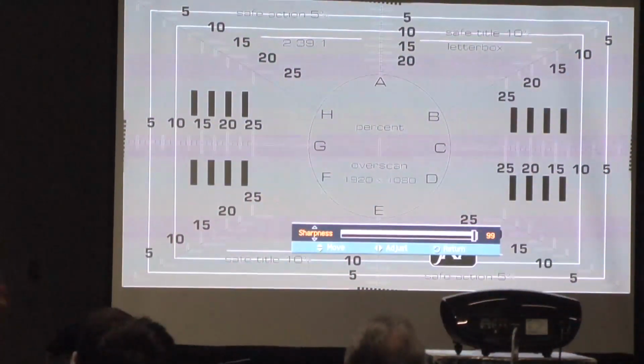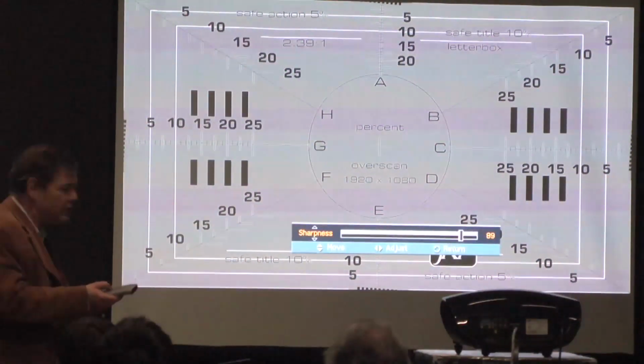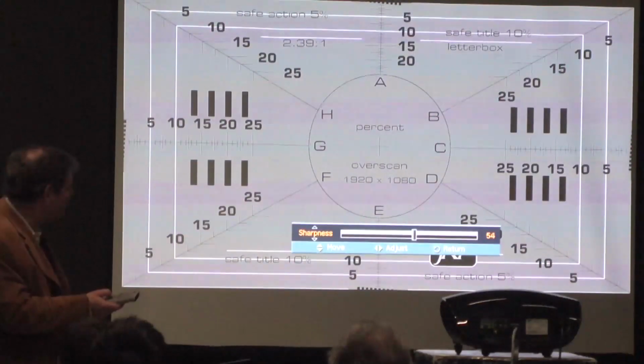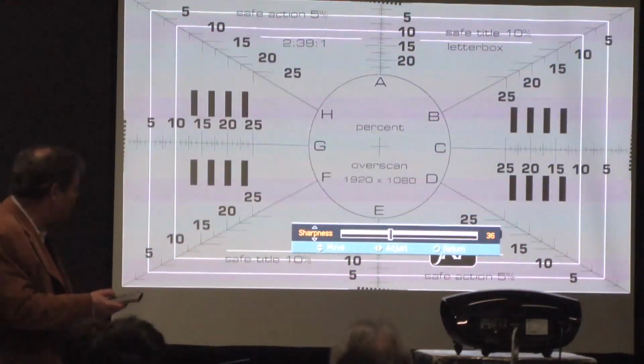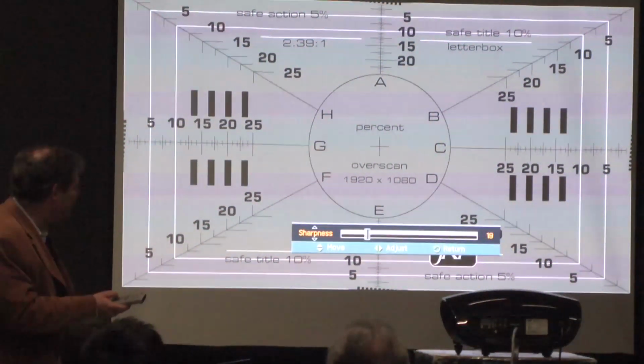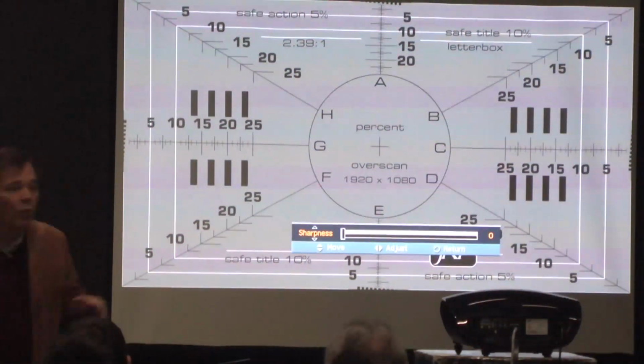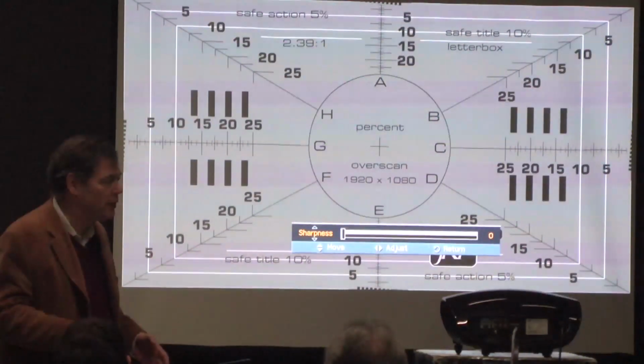So one of the first things that's happening when we look at 3D sets is almost every single manufacturer has a sharpness control set way too high. So if we're trying to look at the reality of what is available in image resolution, we actually have to pull the sharpness control completely out of the picture before we can know what the display is capable of doing in resolution.